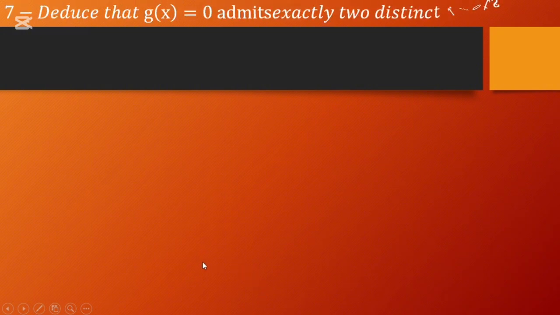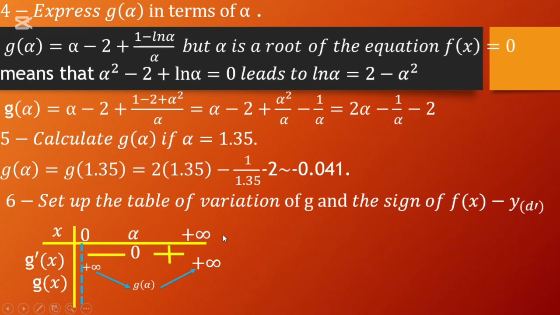We have to deduce that g of x admits exactly two distinct roots. As you see here, g is continuous over 0 plus infinity, over 0 alpha strictly decreasing with a change of sign because g of alpha is negative, over alpha plus infinity strictly increasing with a change of sign.